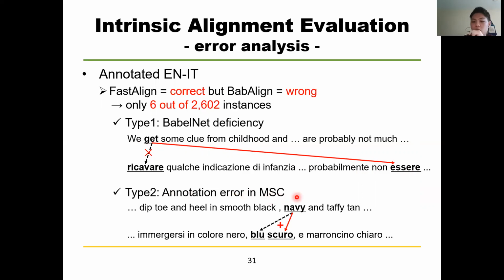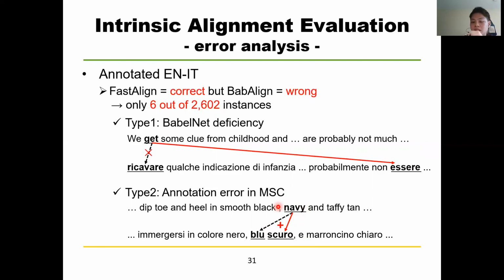For example, the word navy is initially aligned to the Italian translation blu, which means blue in English. And our algorithm expands the alignment link to blu scuro, which means dark blue, and dark blue should be more appropriate for the translation of navy.